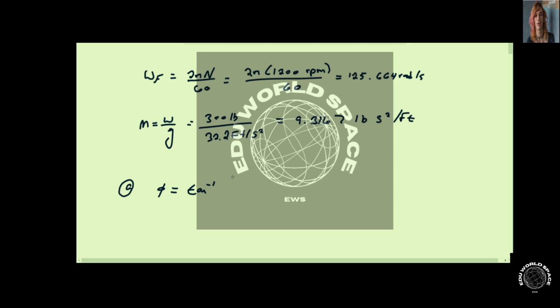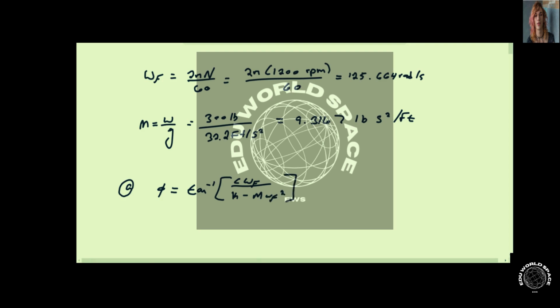Okay, so we have that. Get your C omega F divided by your K, which is the K constant, minus M omega F squared.